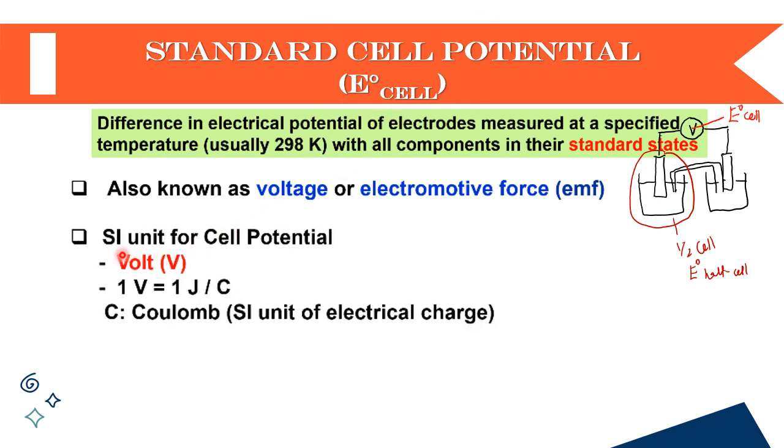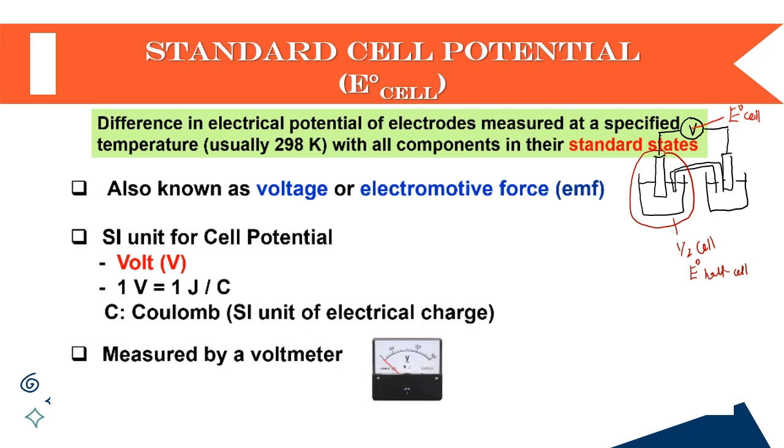The SI unit for the cell potential, the E0 cell, is volt. 1 volt equals 1 joule per coulomb. Coulomb is the SI unit for electrical charge. Since we are using a voltmeter over here, we are trying to find the volt, the electrical potential difference between the two half cells, which is measured by a voltmeter.